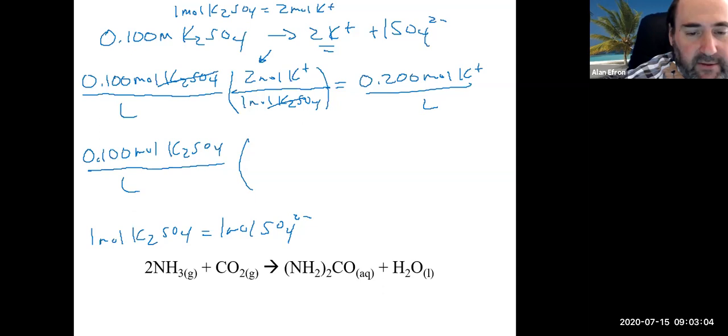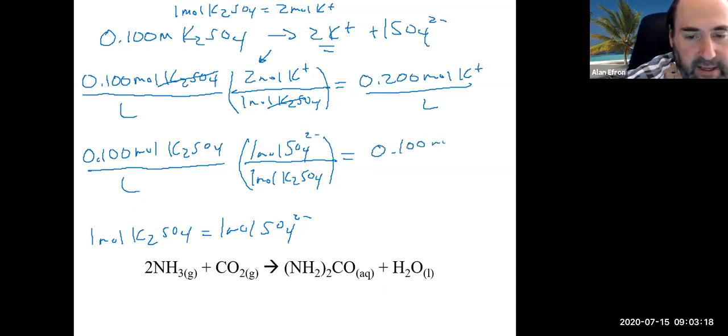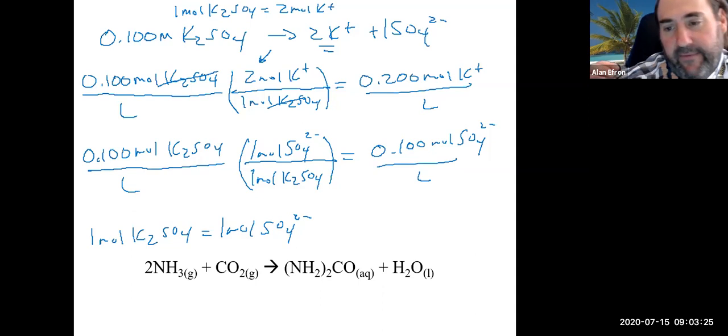And that means when you do your little stoichiometry calculation, 1 mole of the whole thing gives us 1 mole of just the sulfate, and we end up with the same concentration. So that's why I say if it breaks apart into a 1-to-2 or 1-to-3, you really could just multiply by 2 or multiply by 3. This is really the long way to get to that answer. The short way is to simply take the coefficient and multiply by the concentration.